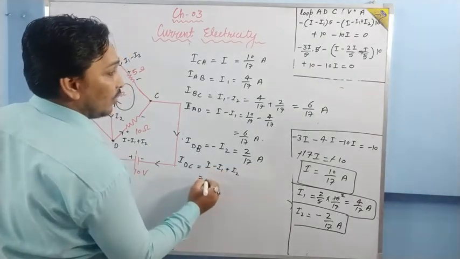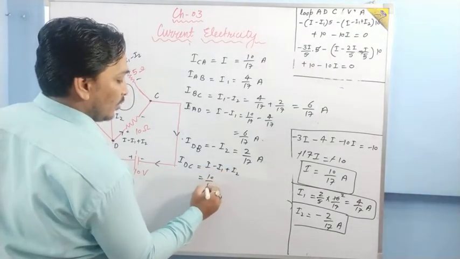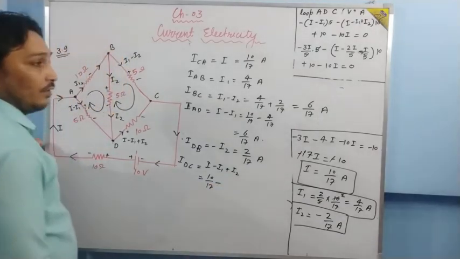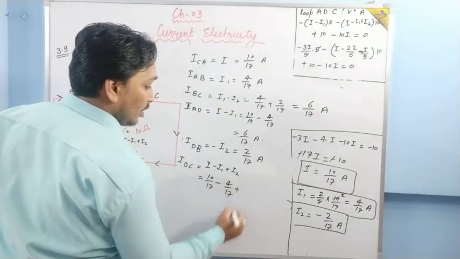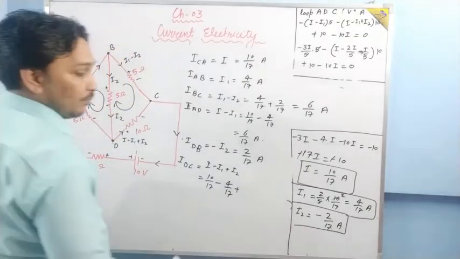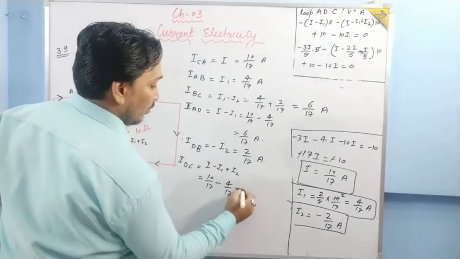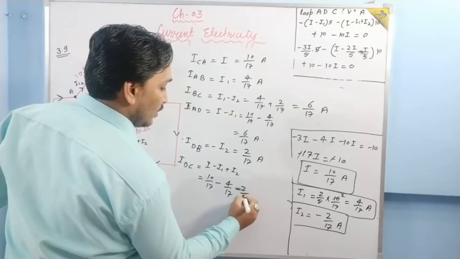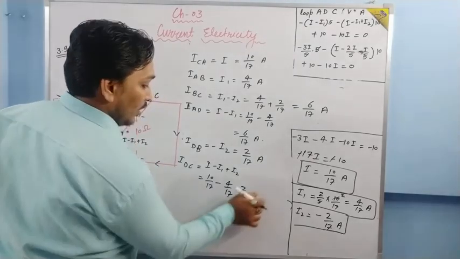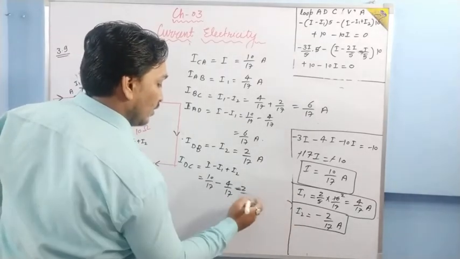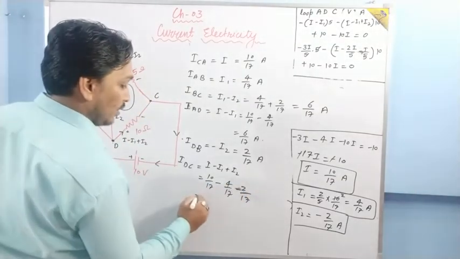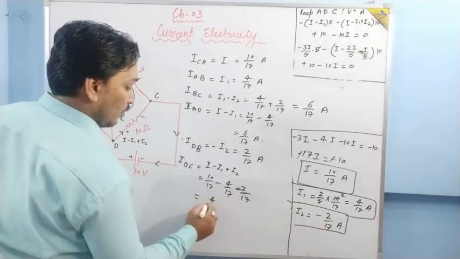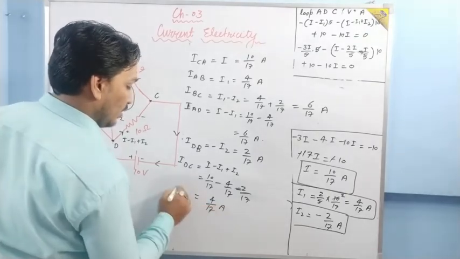What is the value of I? It is 10 upon 17. What is the value of I1? It is 4 upon 17. And what is the value of I2? It is minus 2 upon 17. 4 plus 2 it will become 6. 10 minus that, it will become 4 upon 17 ampere.